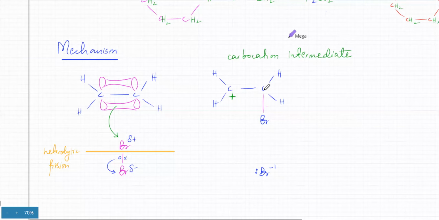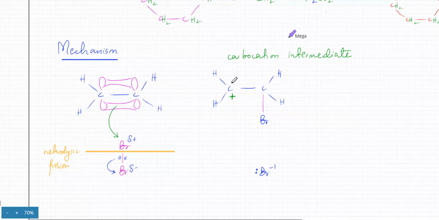Nothing happened to this one, because before it was bonding with this carbon atom, and now it's bonding with the bromine, so it didn't actually lose the electron. So the electron was still there. Instead of the bond being made with this one, it's now making a bond with this one. The issue is with the other carbon, because when it pulled the electrons, it lost one of its electrons. So one of the electrons was taken away by this bromine, which is why it's no longer positive, but the other one is now positive.